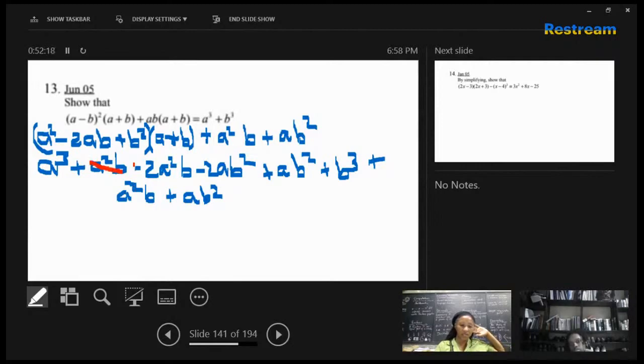And the ab squareds would cancel out too: the 2ab squared, the ab squared and ab squared. So we're really left with a cubed, b cubed. So we just need to prove that we're left with a cubed plus b cubed.